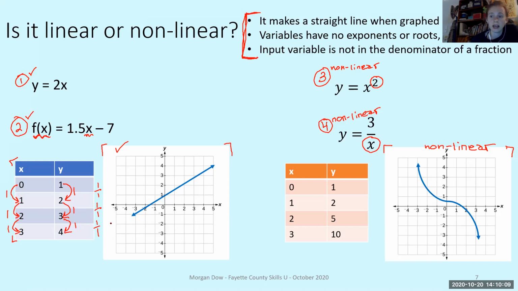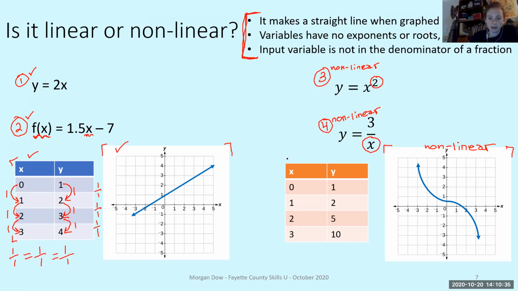Now, it's not important that all of the numbers are 1. It's important that all of these ratios are the same. 1 to 1, it's the same throughout. So this is an example of a linear function because the change that's happening stays the same. It's the same change every time.